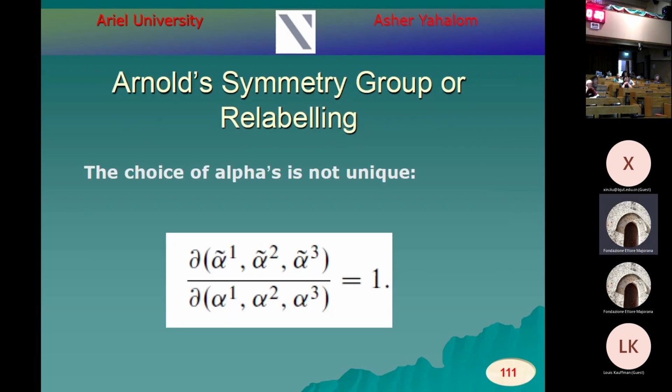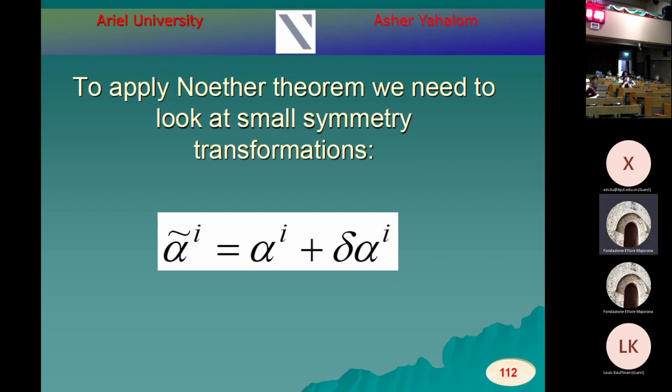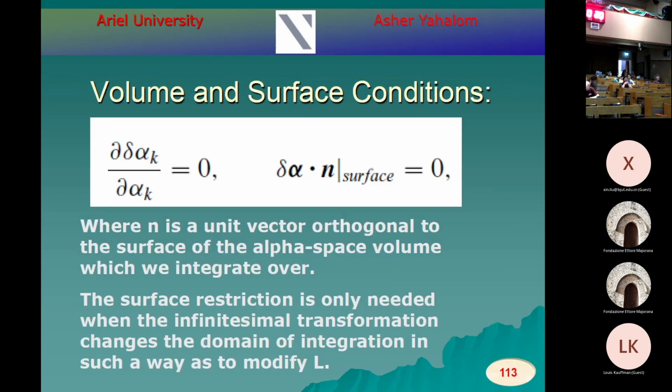And now you can make a symmetry transformation for which the Jacobian is equal to 1, and you can make an infinitesimal transformation. This is what you do in Noether's theorem. And when you put it in the Jacobian condition, it means that really the divergence in the alpha space of delta alpha k must be equal to 0, and it must vanish on the surface of this space.